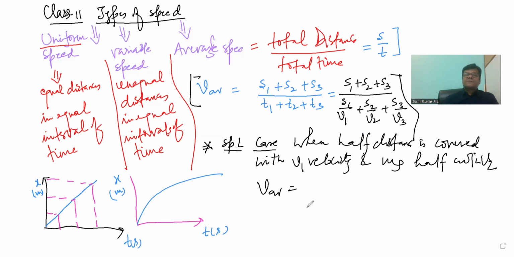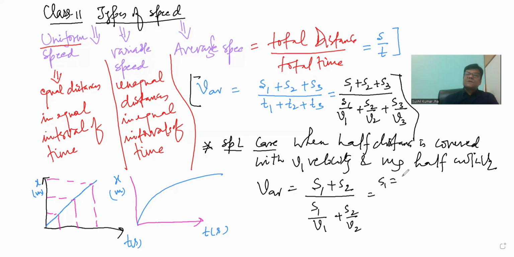Then v average, in this case, is s1 plus s2 divided by s1 upon v1 plus s2 upon v2.